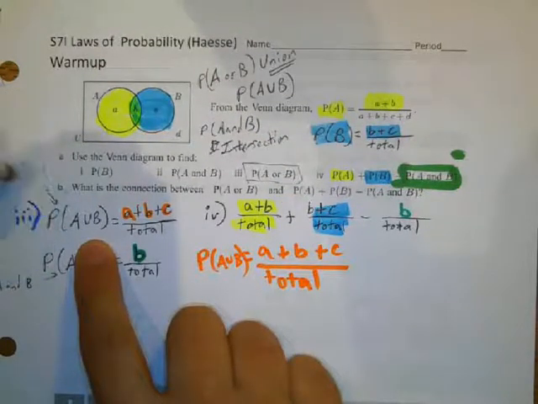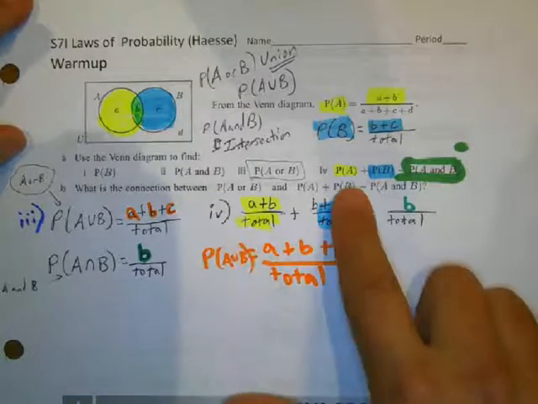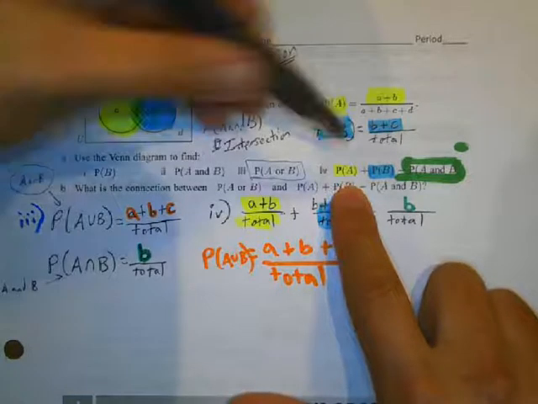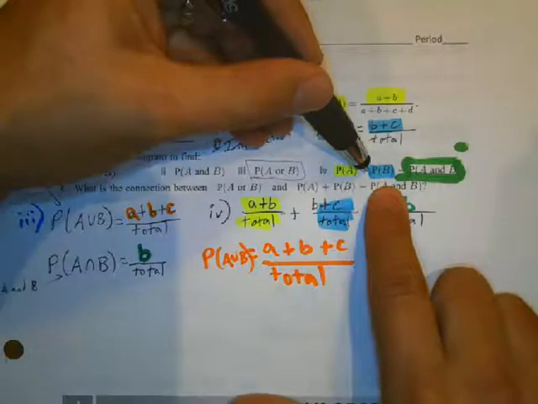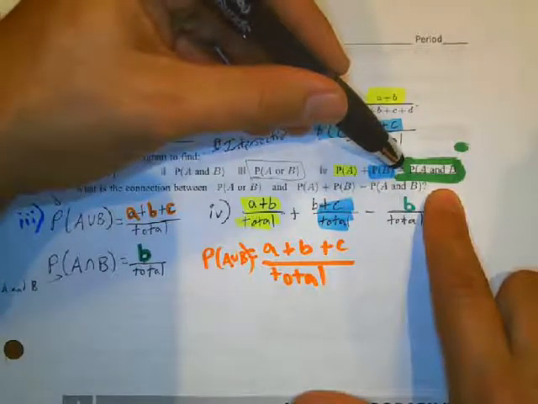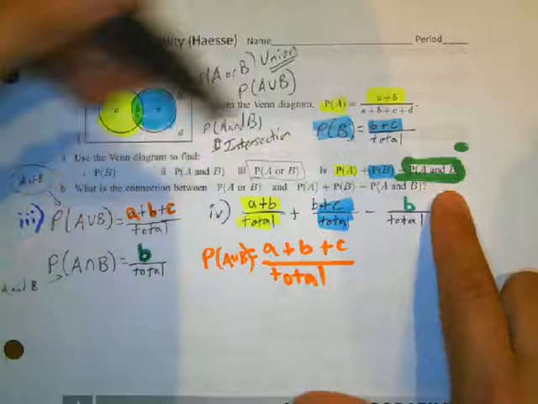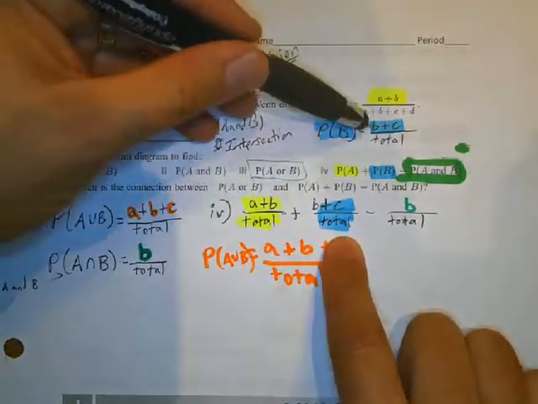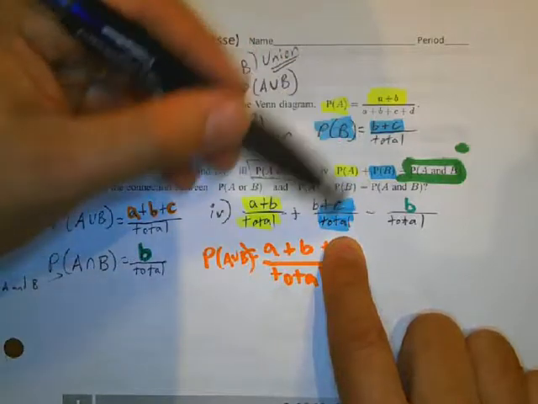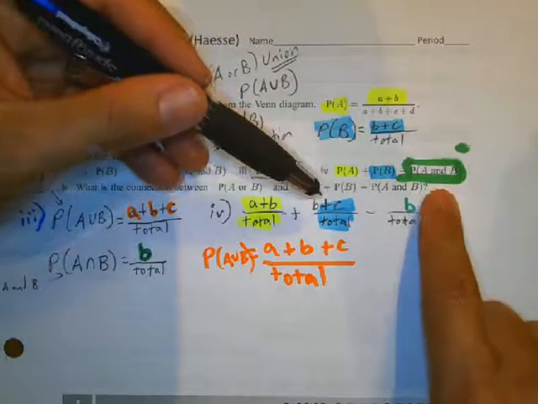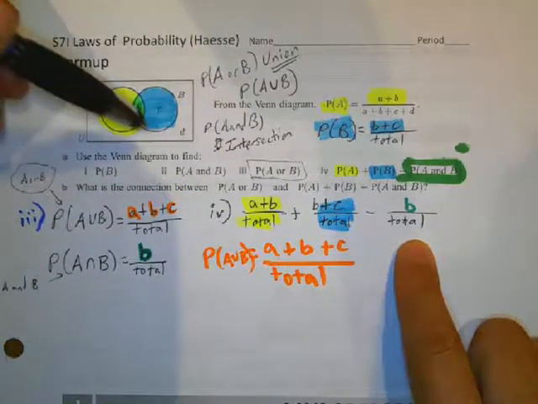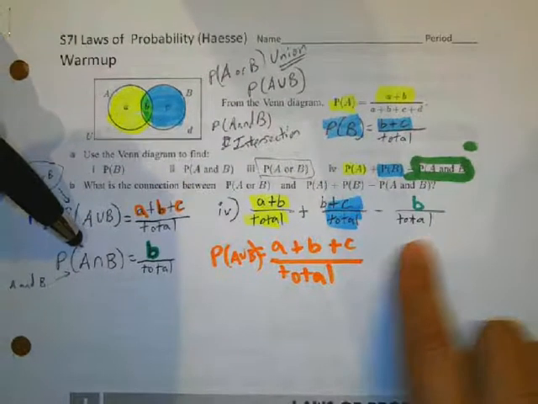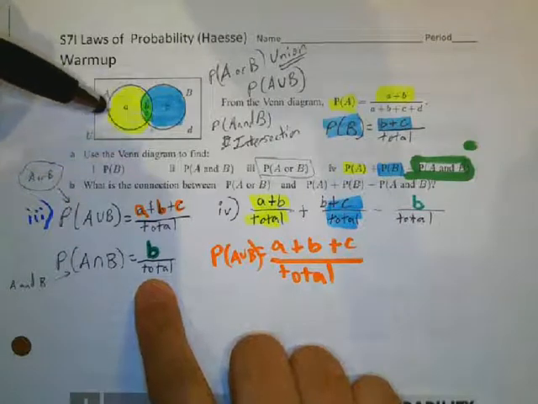This is the probability of A or B. Now we're going to do IV here, which is the probability of A plus the probability of B minus the probability of A and B. So probability of A is here from above, probability of B is here from above, and minus the probability of A and B. A and B is the intersection of the two circles, which is this.